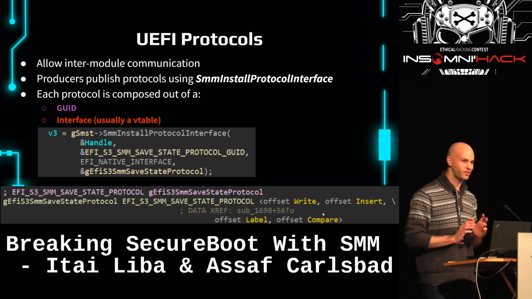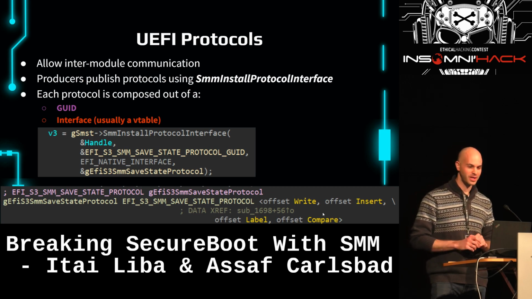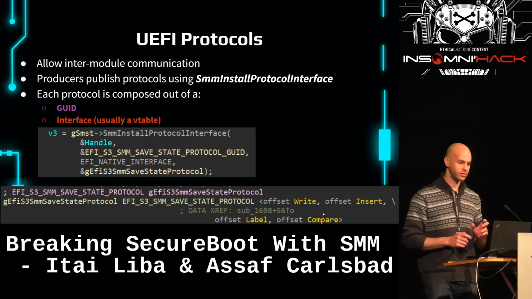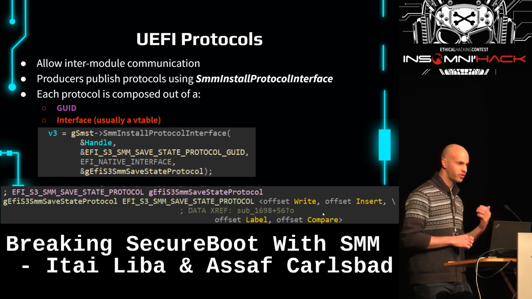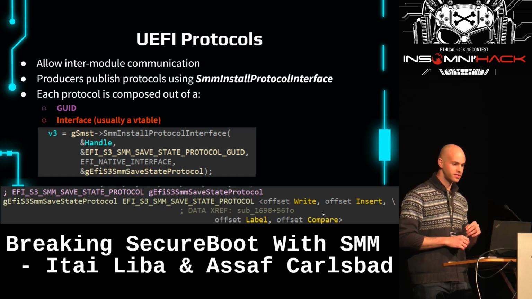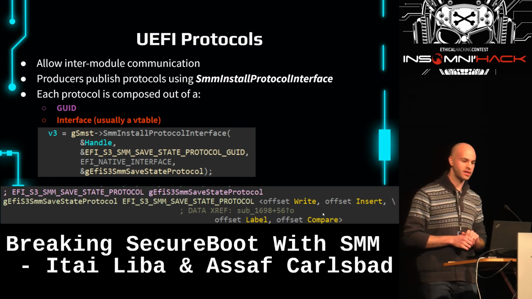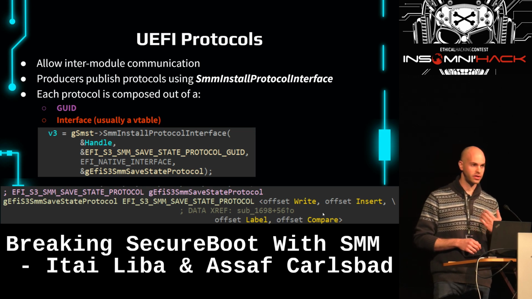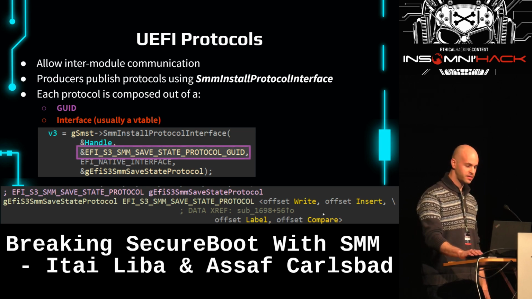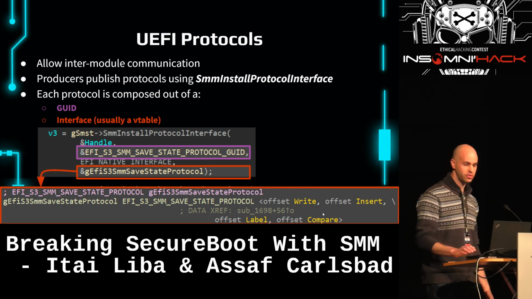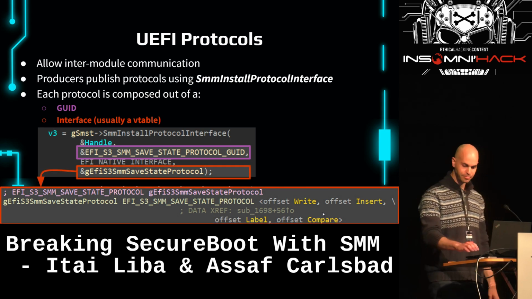Now, for those of you who are not familiar with all the shenanigans of UEFI, protocols are basically the building block that allows different modules to communicate with each other. So modules can either produce protocols or consume protocols. If you're a producer, you would use a service such as SMM install protocol interface to expose a protocol, where under the hood, a protocol is just a GUID identifying it and an associated interface, which usually takes the form of a vtable.